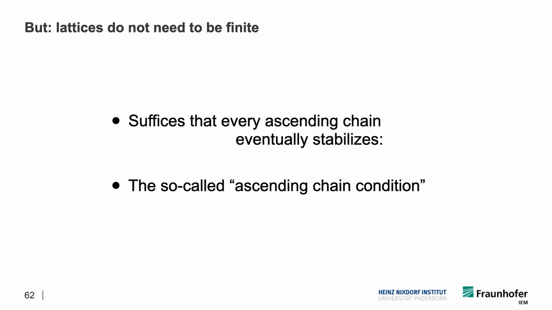And by demanding that we have this ascending chain condition, we can make sure that we can only do this a finite number of times. And because we can only do it finitely often, we know that the analysis must eventually terminate, because eventually we will be merging two elements that we have seen before, and then we are guaranteed, therefore, to also reach a fixed point.